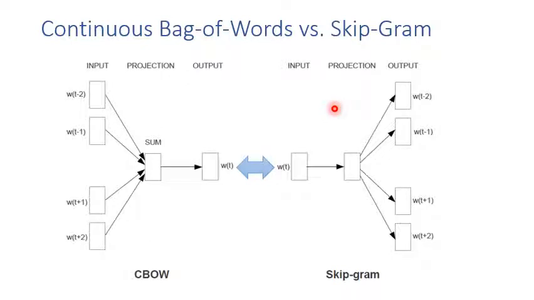On the other hand, the skip-gram uses one word and predicts its neighbors. So we have only one input, one word in a sentence. Then we want to predict its neighbors using the single word. So this is called the skip-gram model.